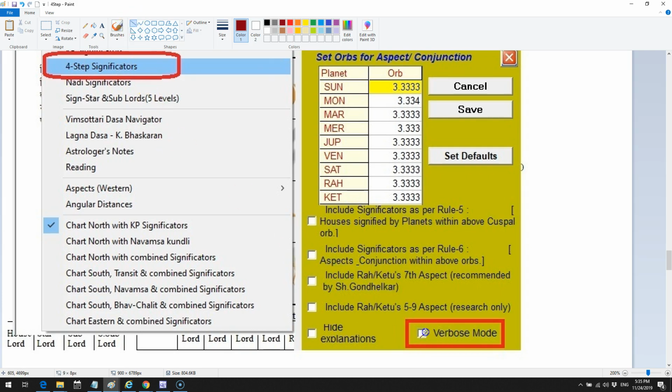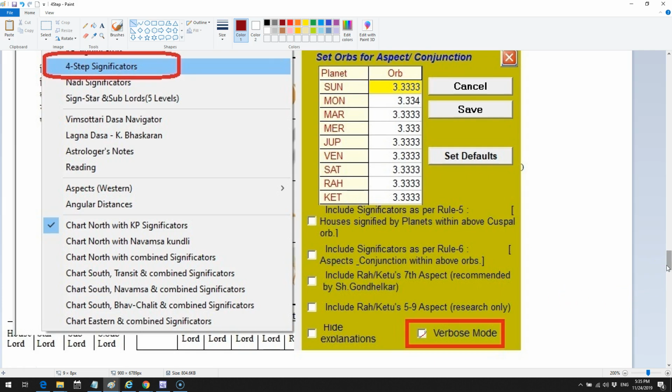What this will do is give you a descriptive analysis of how the 4-step is applied on whatever chart you are casting using the 4-step theory.